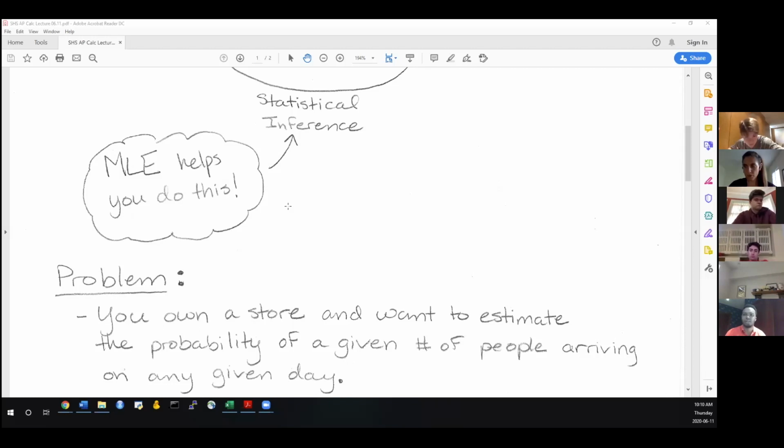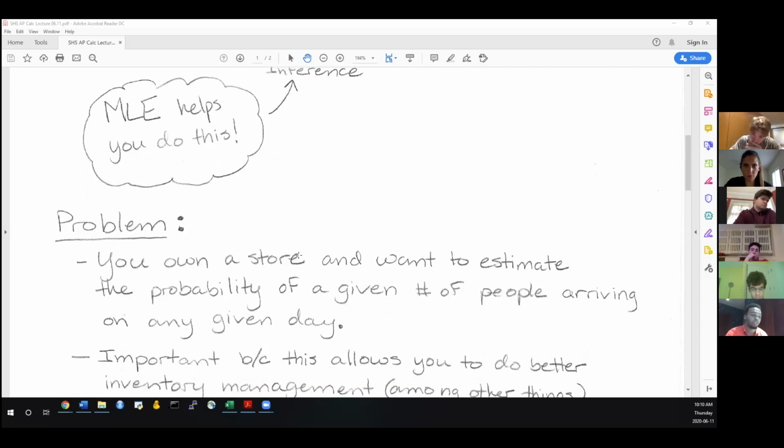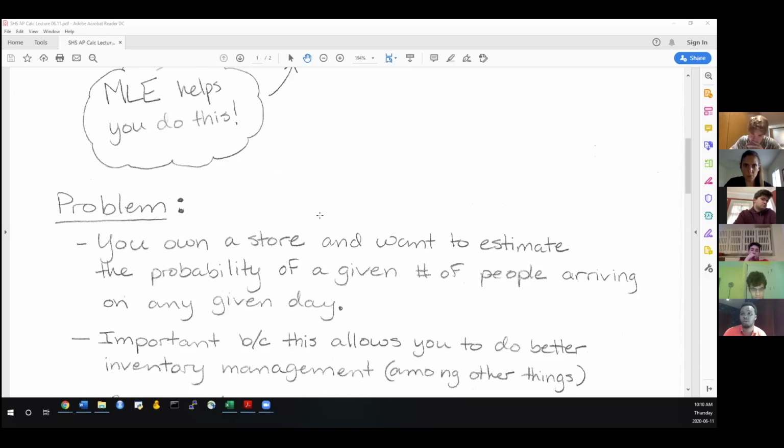Can anyone think of why that might be useful, to be able to think of the probability that you get a certain number of people arriving to your store? To see how much stuff you sell and then to see how much revenue you make. Yeah, exactly, that's exactly why it's important. It's also really important because what if what you're selling is perishable?